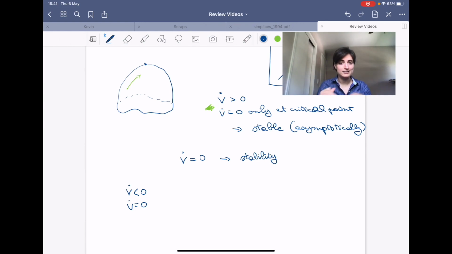We just are interested in the sign everywhere else. So if v dot is negative, this is our red case, that means if we start somewhere, we have to move away. So this is instability.